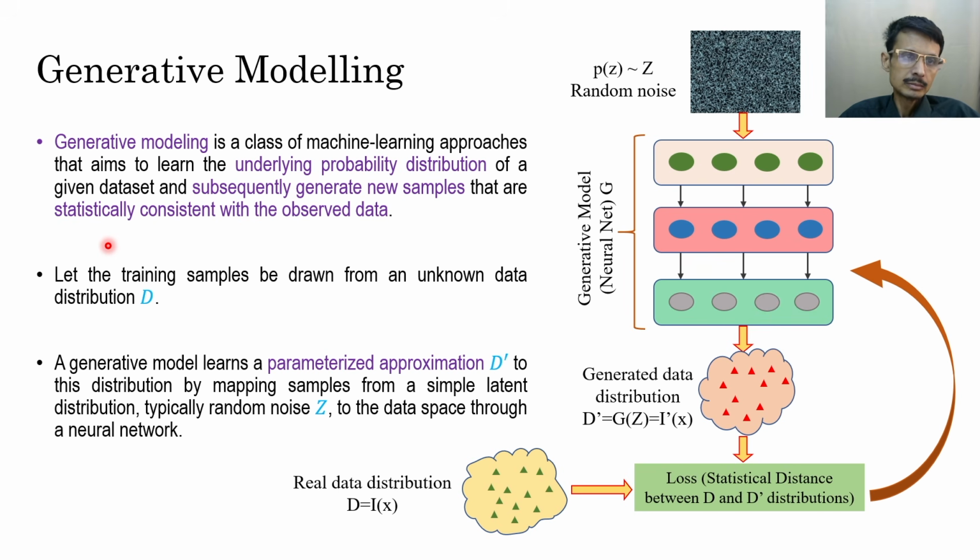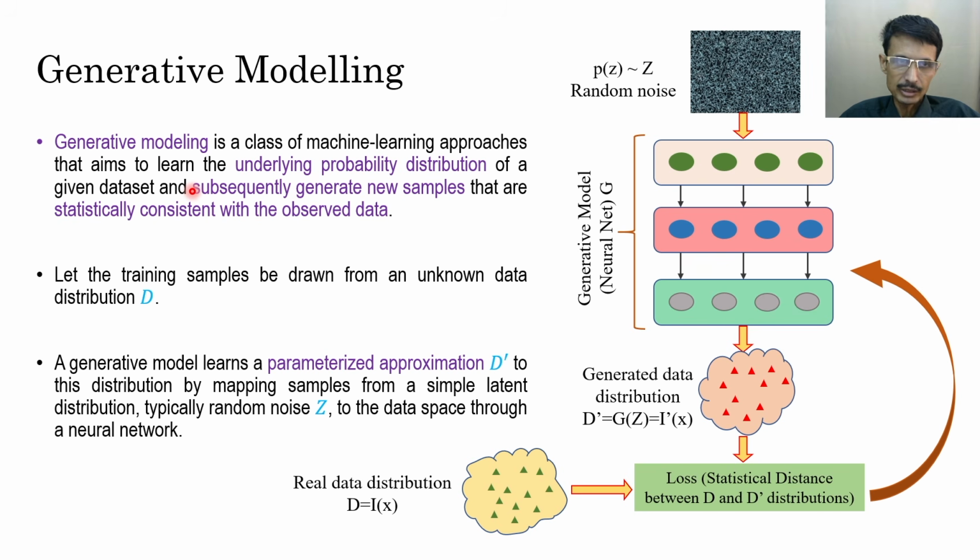The main way of doing discriminative modeling is that if we consider a vision task like image classification, we try to learn by discriminating some images.